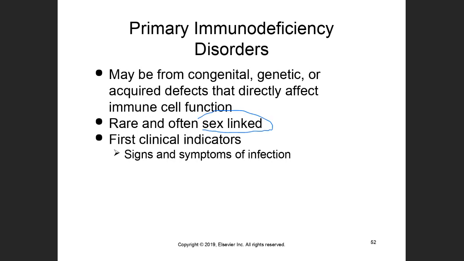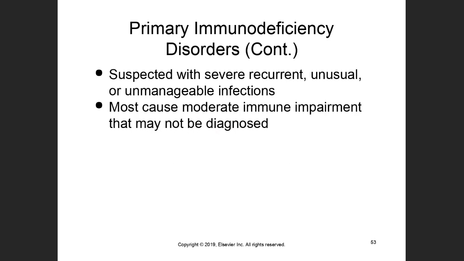First clinical indicators: signs and symptoms of infection. Basically, that's the main sign and symptom, because if your immune system is low, you are at risk to develop any type of infection. Suspect with severe, recurring, unusual, or unmanageable infections.